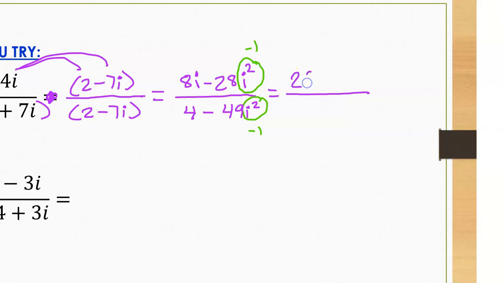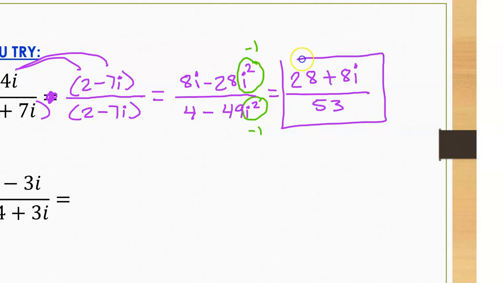So I have positive 28 plus 8i. This is now a positive 49. So I have positive 49, 4 plus 49. So that's going to be 53. So that's it for that problem.